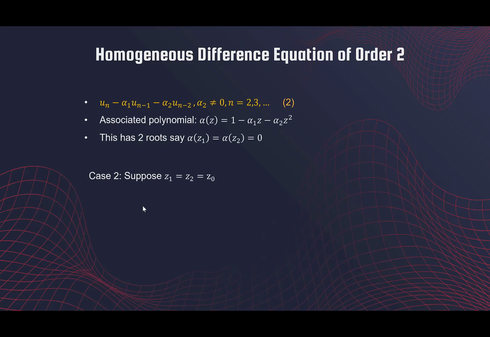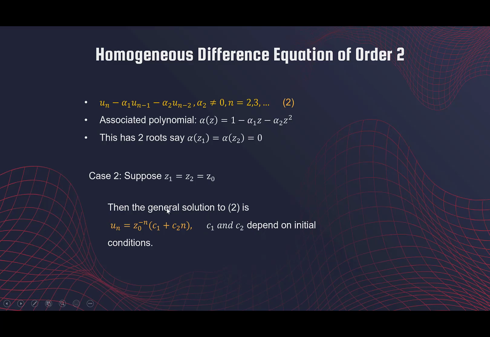So this is the case of common roots. If this is the case, then the general solution has this form. I'm giving you that this is the formula. If Z1 and Z2 are the same, then this is how the solution of this equation looks. Now it's slightly more complicated to verify that this satisfies this particular equation, so we won't get into it.